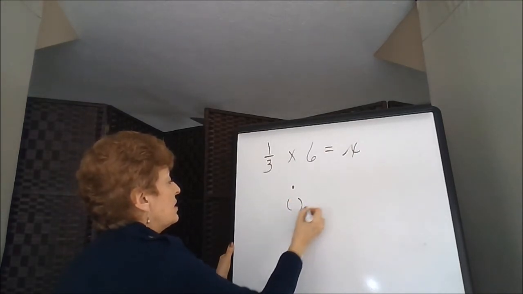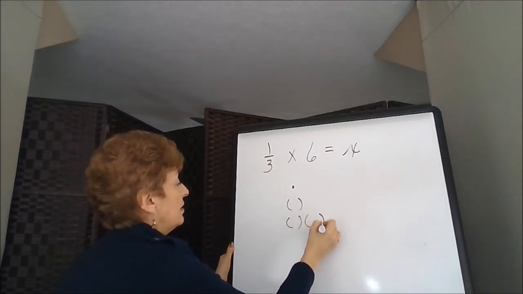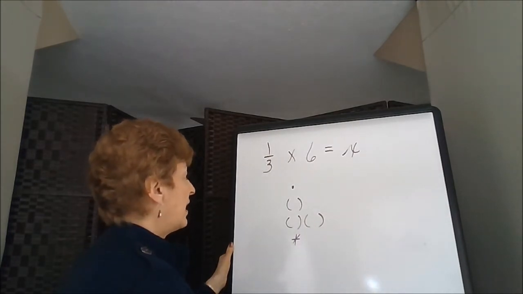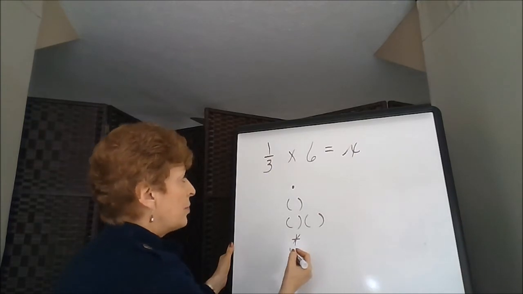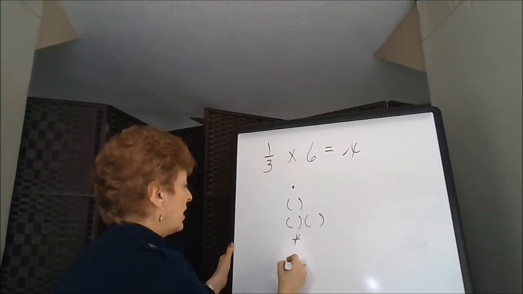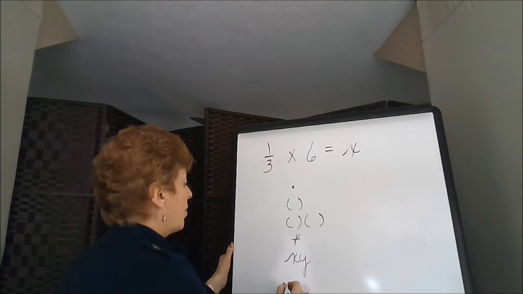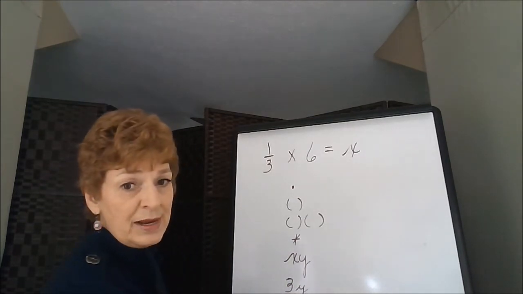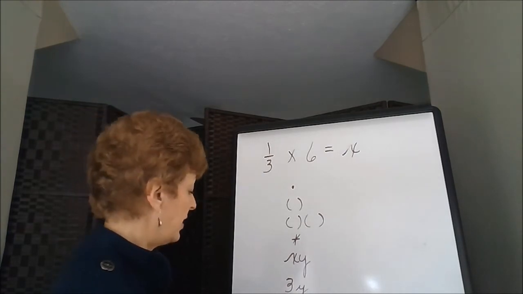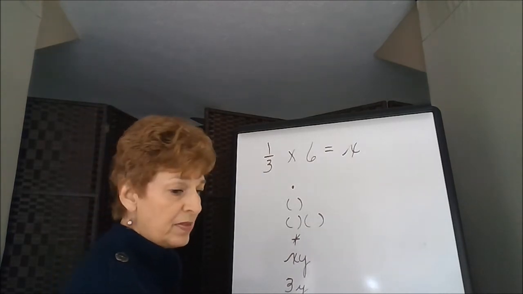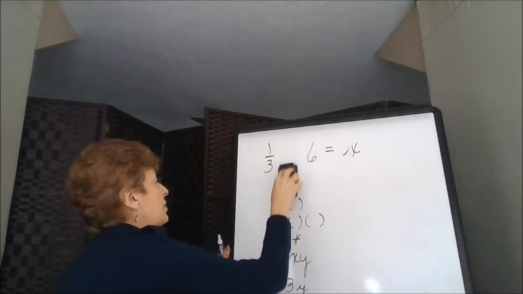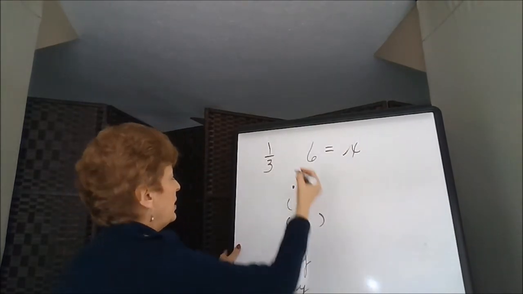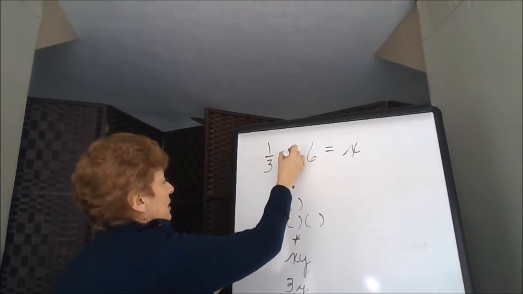We could use a double parenthesis. The star key on the computer means multiplication as well. And when two letters are put together, like xy or 3y, with no symbols between them, that also means multiplication. So I'm going to change out this normal sign for multiplication, and perhaps I'll use a dot.